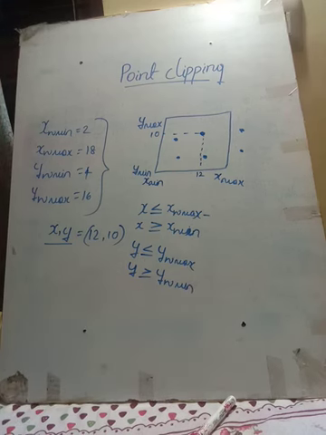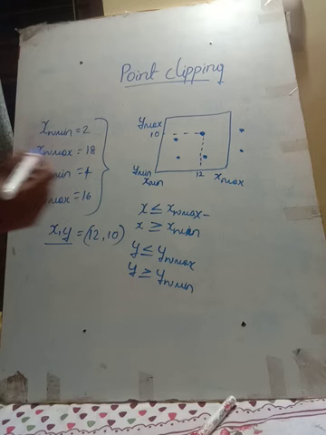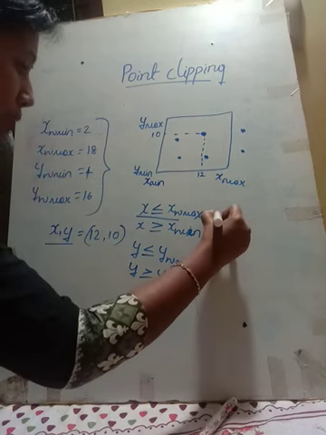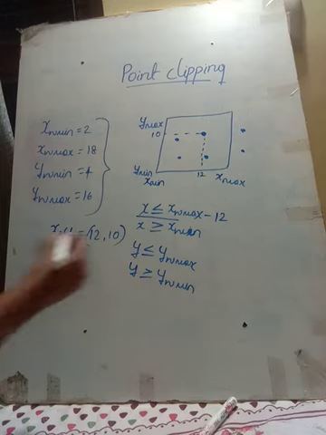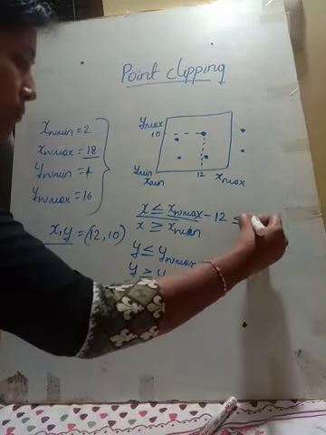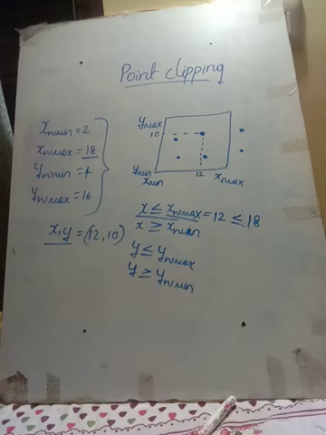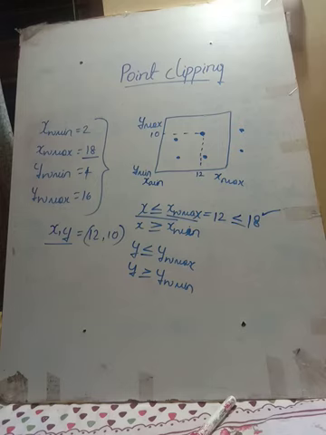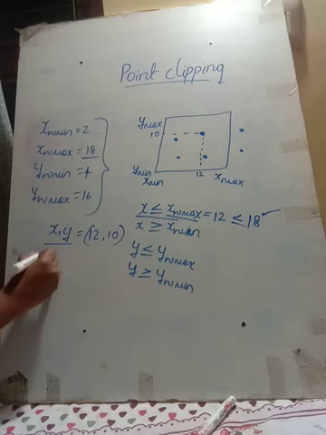It should satisfy these conditions. Check that the x value is 12. 12 is less than or equal to xw max, which is 18. It satisfies, so we can consider the x coordinate value. What about the y coordinate value? We need to consider y also.